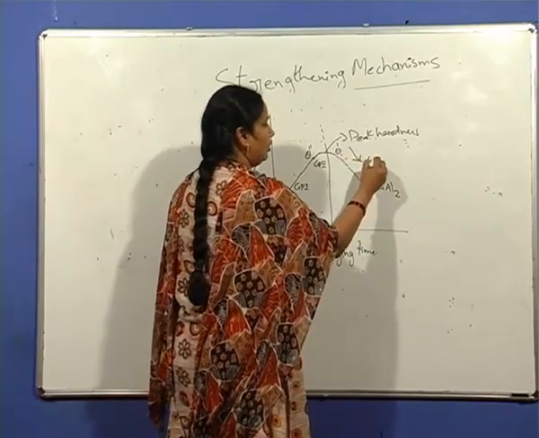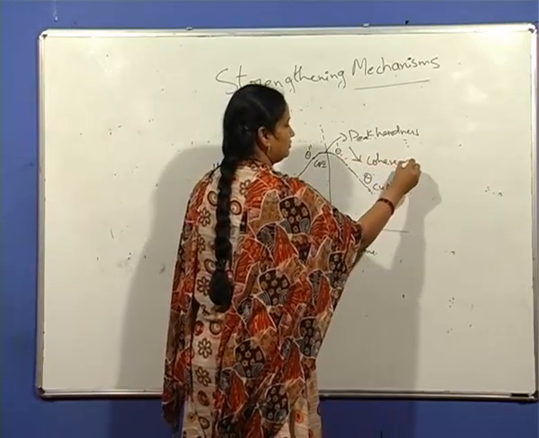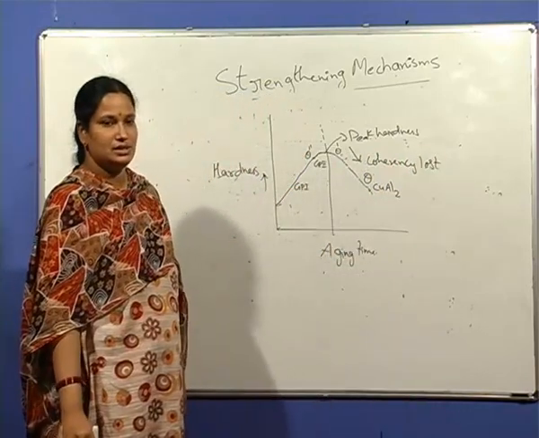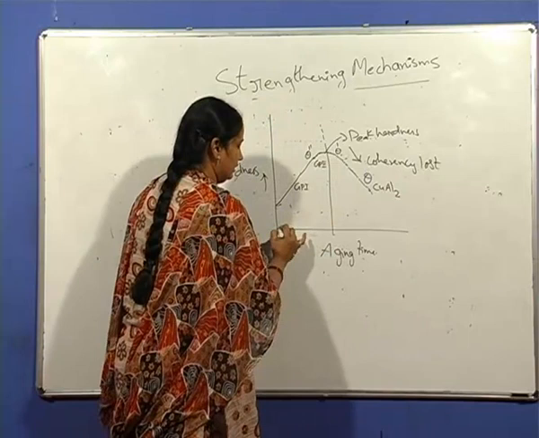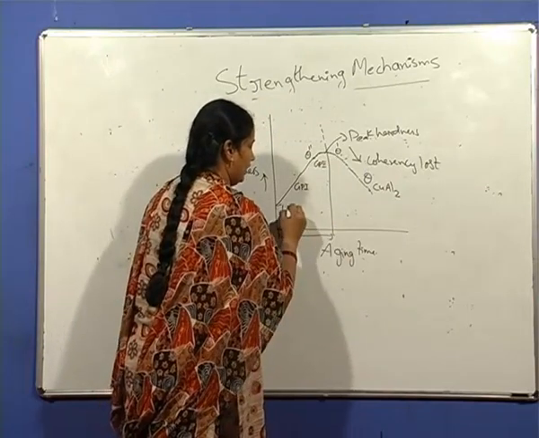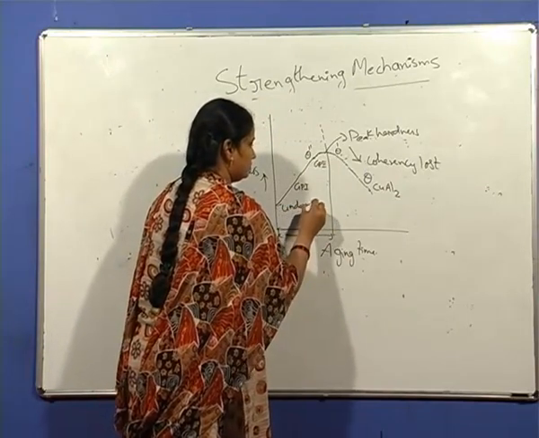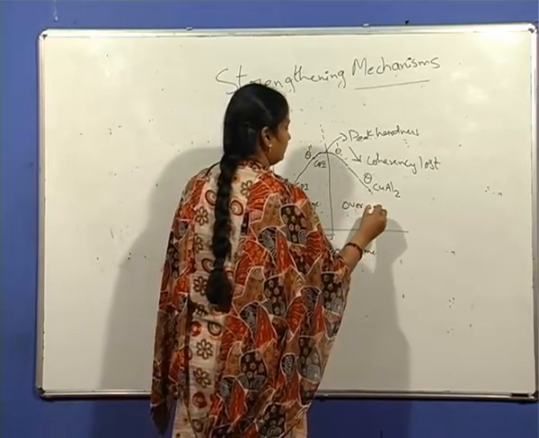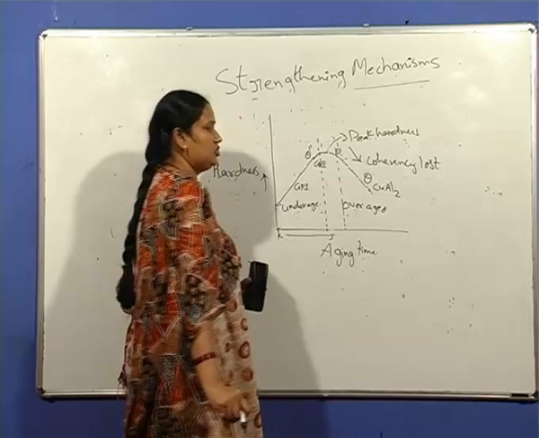From here the coherency is lost. The lattice matching is lost, the coherency is lost. So this is the region underaged, and this is overaged, underaged and overaged.